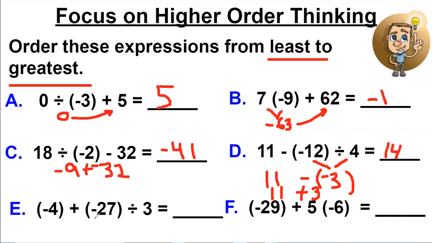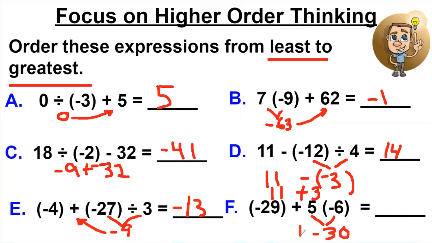This one, don't forget, we're doing division before we do adding. Negative 27 divided by 3 is negative 9. We're going to add that to negative 4. So negative 9 plus negative 4 is going to be a negative, yep, 13. And the last one, do multiplying before adding. 5 times negative 6 is negative 30.